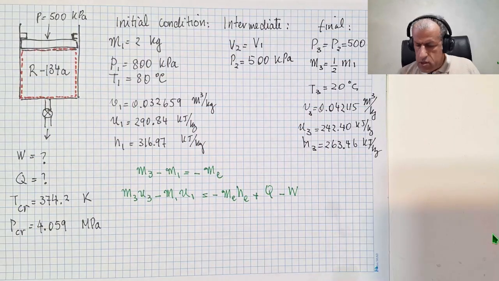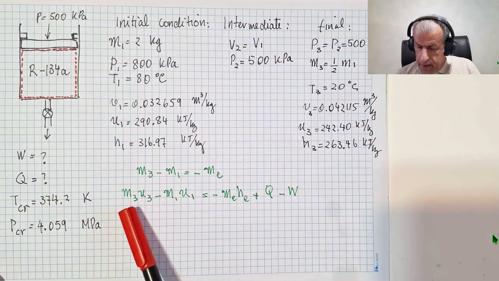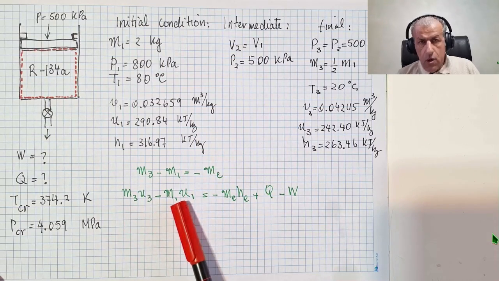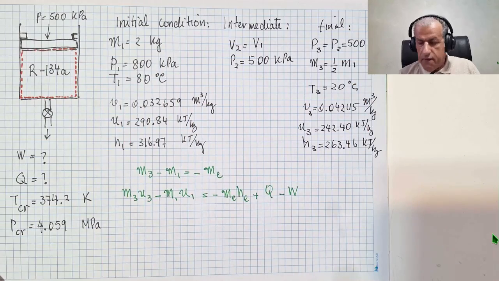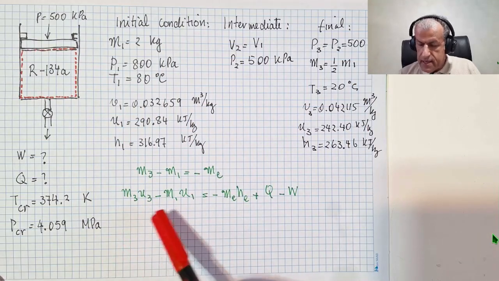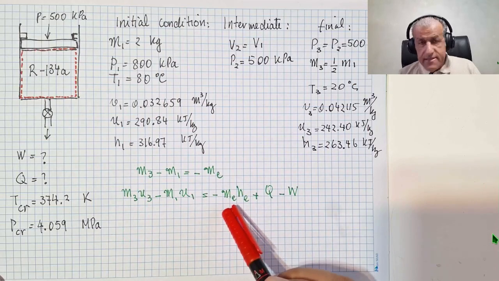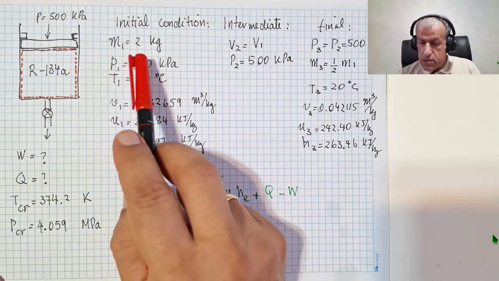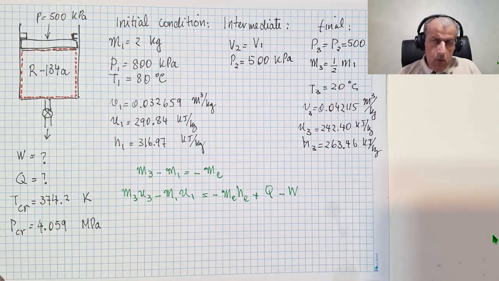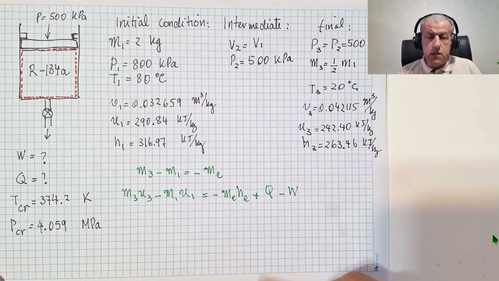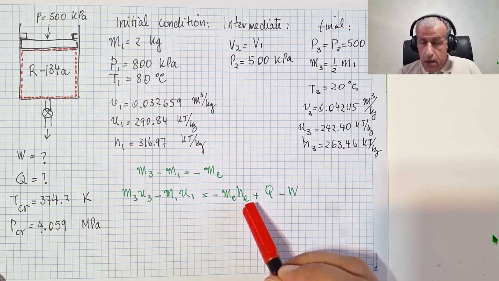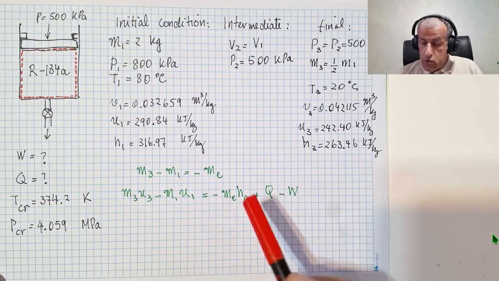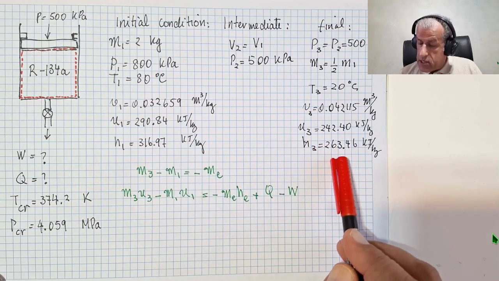Well, in this equation, properties of points 3 and 1 are known. We have everything. Here we have masses and energies. The mass that is leaving the control volume could easily be calculated. Initially, there are 2 kilograms, and half of it leaves, so 1 kilogram is left, and 1 kilogram remains in the cylinder. HE, we should assume to be the average between H1 and H3, so the average value should be taken.